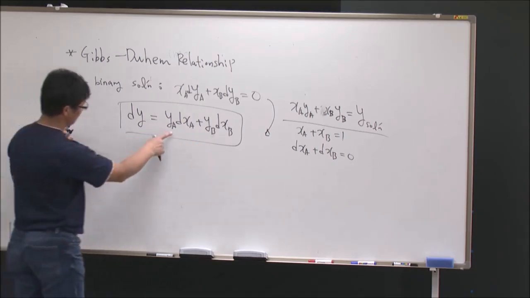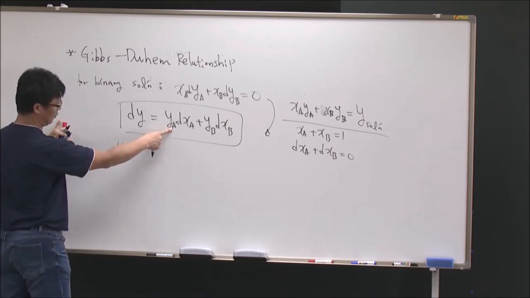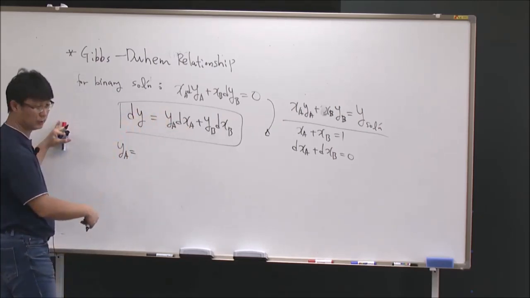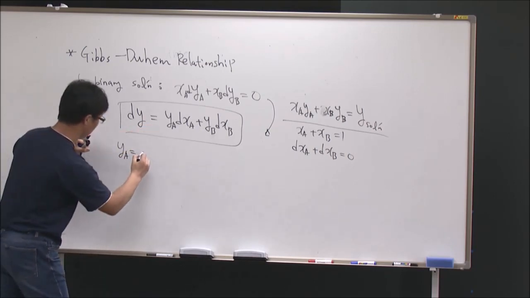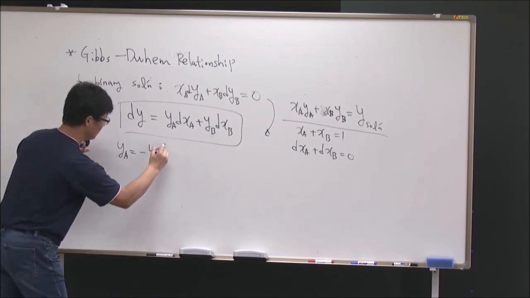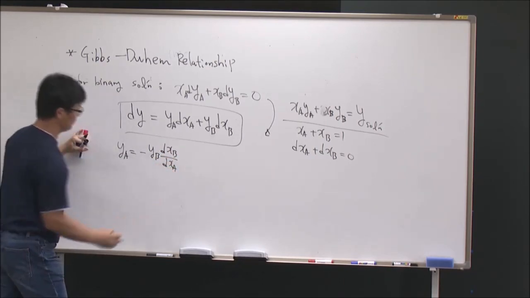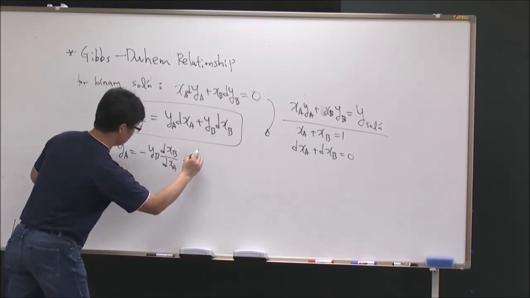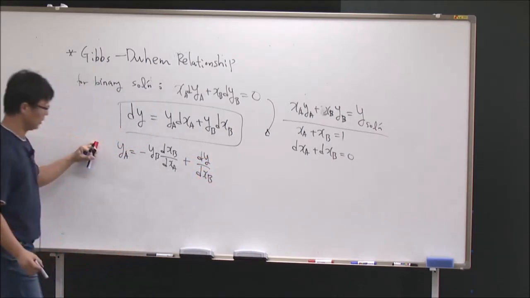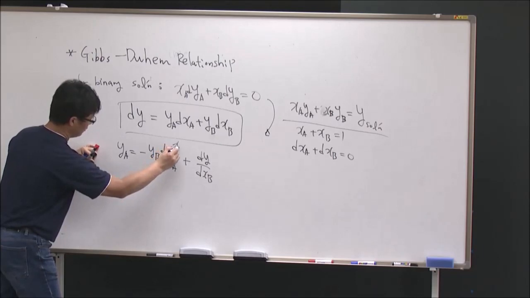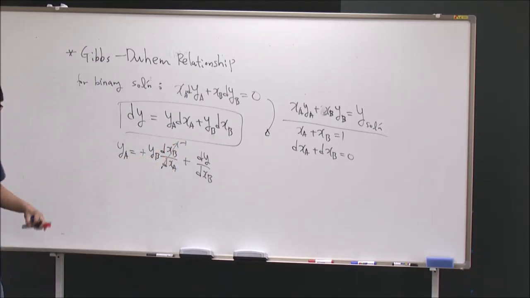Okay, now if I say yA, if I leave yA and move all the other terms and divide by dxA, this will be minus yB dxB over dxA plus dy over dxA. Am I right? And these two is minus 1, so this will be plus.